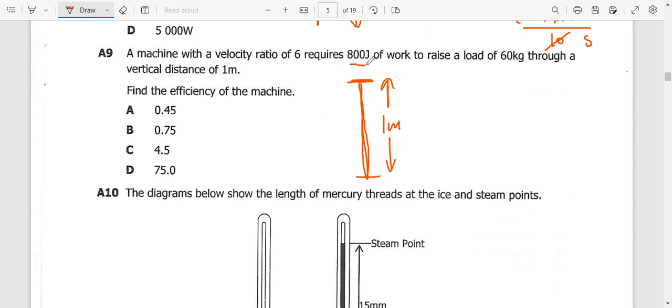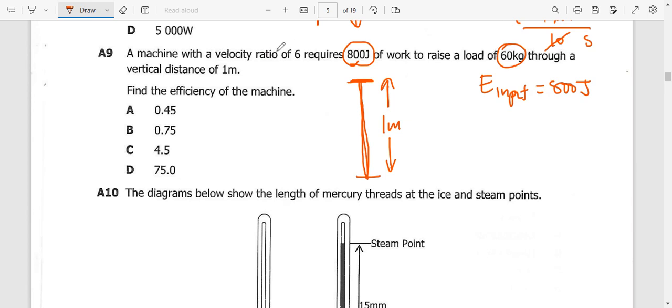Okay, it requires 800 joules of energy, meaning that that is the energy that you need to input in the machine for it to work. See, 800 joules of energy. Now, what is it raising? It is raising 60 kg. Now, what is going to be the energy output?